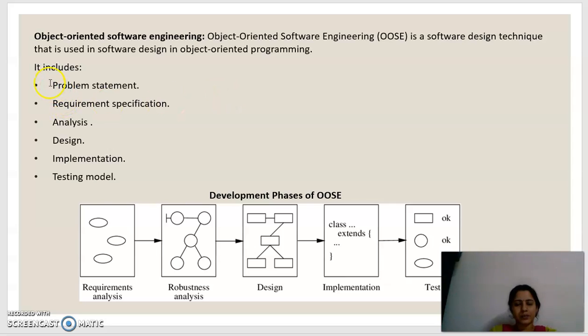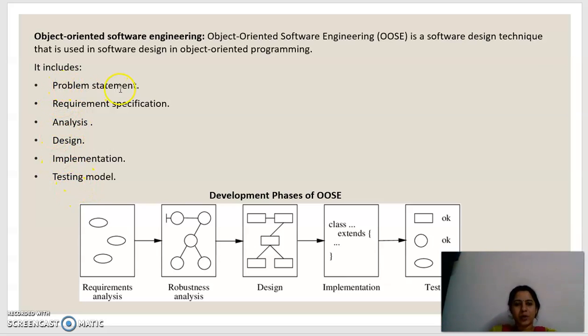First is the problem statement, next is requirement specification, third is analysis, fourth is design, fifth is implementation, and the last is testing. We have one more layer, that is maintenance also. So these are the different layers to develop the software.